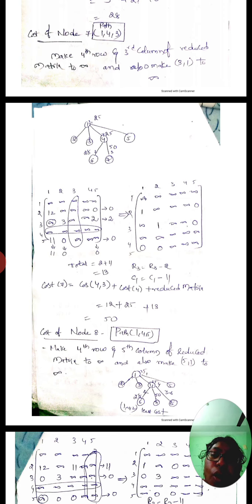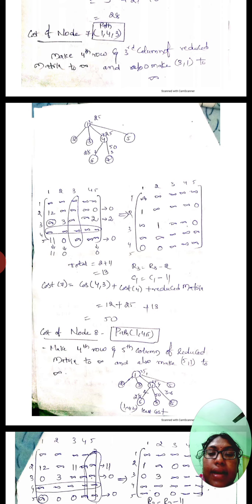On the column side, column 1 has minimum value 11, column 2 has minimum 0, and column 5 has minimum 0. Performing the operations: row 3 is row 3 minus 2, and column 1 is column 1 minus 11. We get this.